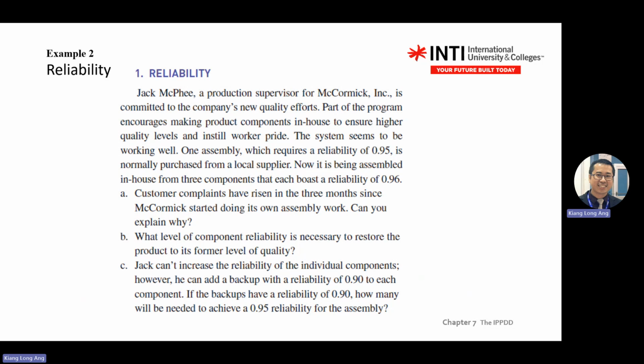You want to reach RS 0.95, with R1, R2, R3. Your RS equals R1 times R2 times R3. Your R1 equals R2 equals R3. So RS equals R1 cubed, 0.95 equals R1 cubed. What is the answer?